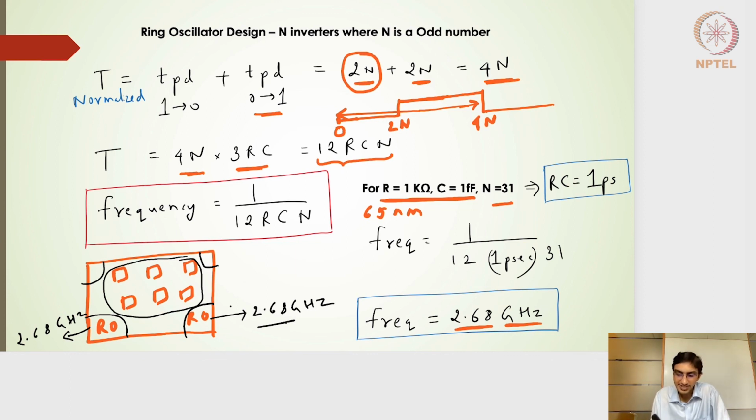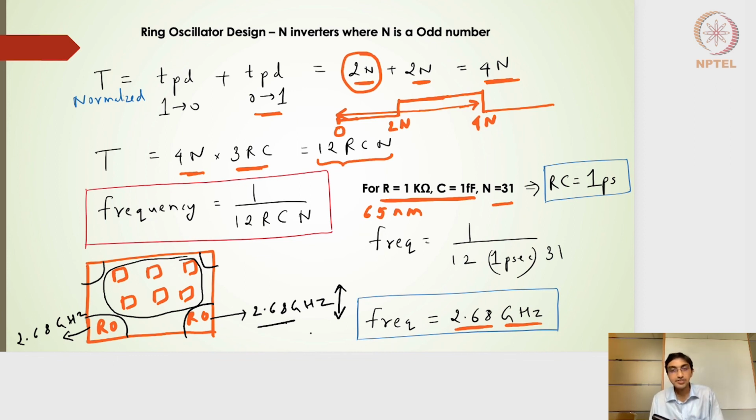If there is any kind of deviation with respect to 2.68, then we'll have to give it back to the manufacturers, or there is always a tolerance level which we can characterize for this particular chip, and then proceed further. In that sense, the ring oscillator is very useful.